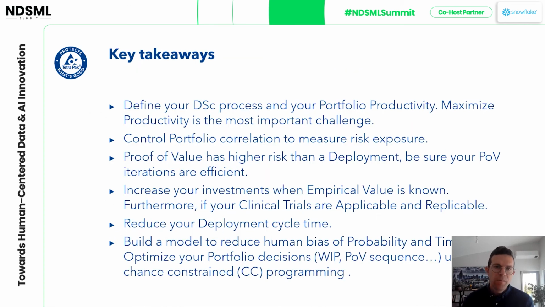Now, let me summarize a little bit of the key takeaways of this speech. The first one is, of course, to define your process, define your data science process, and of course, define your productivity function. What are you trying to maximize? That is the key to start with.